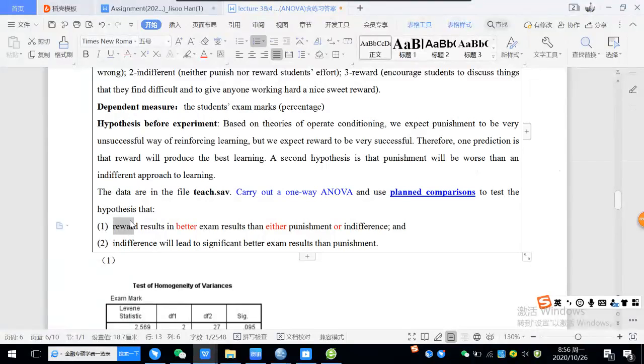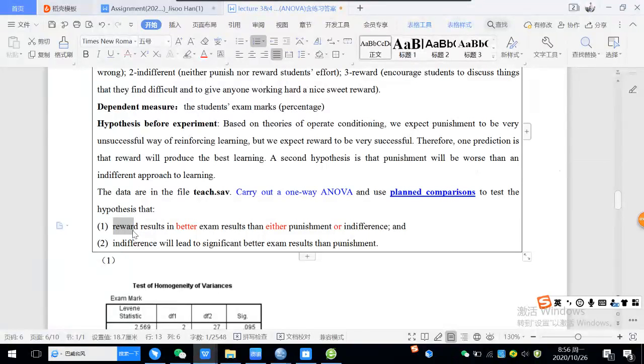If you use the coefficient 1 for reward, then the punishment and the indifference are minus 0.5, minus 0.5. Or for reward, you can use the coefficient 2, and then the punishment will be minus 1, indifference minus 1.